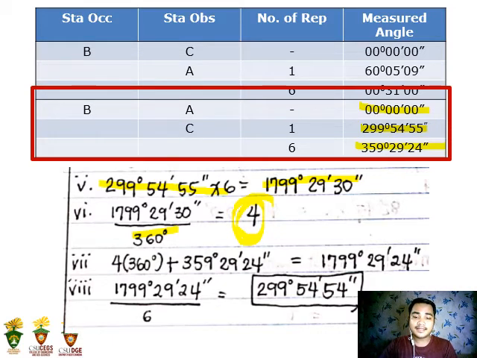Then 4 times 360 plus the sixth reading, which is 359, 29, 24, gives 1799, 29, and 24. Then we divide it by the number of repetitions, which is 6. We will have a value of 299 degrees, 54 minutes, and 54 seconds. So that is it.